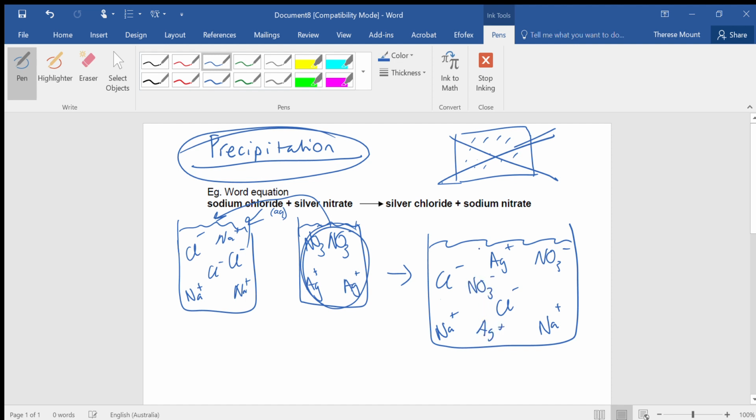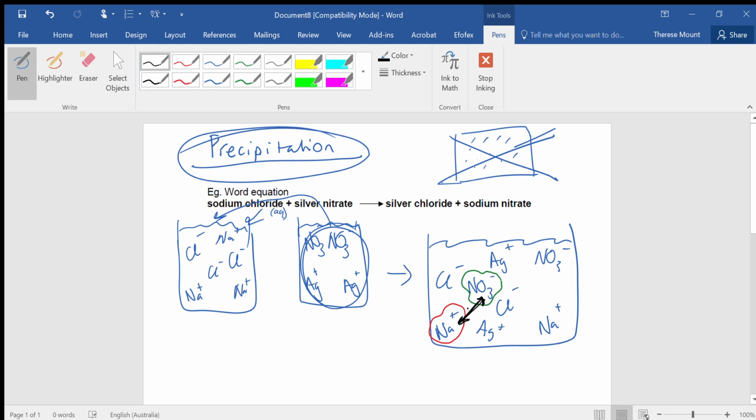Now what can happen is that this nitrate might look at this sodium and think, you're positive, I'm negative, maybe we'll work out. So they might actually come and join together, okay?